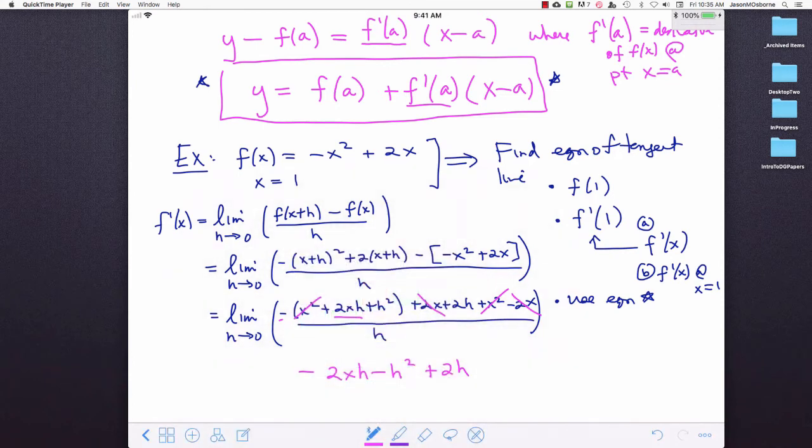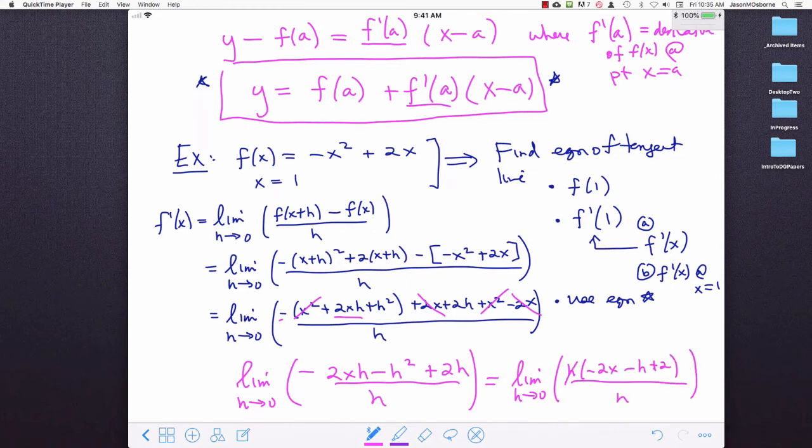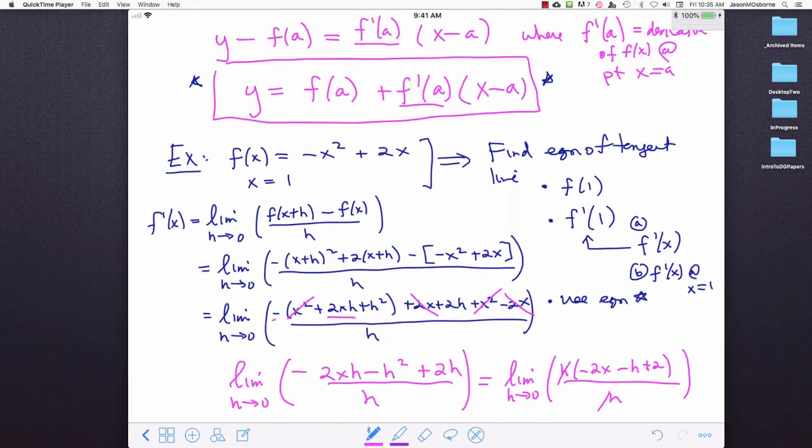Limit as h goes to 0. We do have to factor first, because we can't just let h go to 0, since we'd have a division by 0. So if you factor out an h, the h's cancel, and when you compute that limit, you will get negative 2x plus 2, which is what we called f prime of x, the derivative of this function at any point.